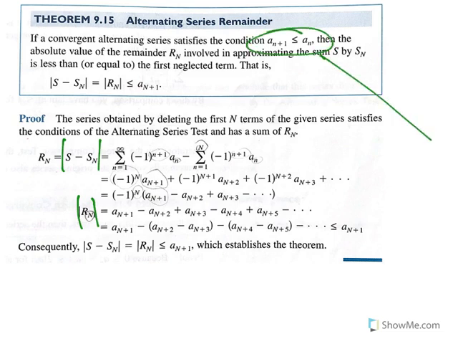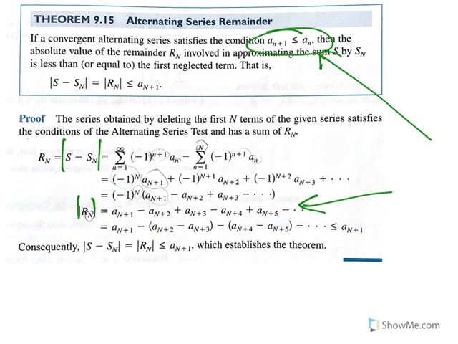And because of this particular condition from the hypothesis, we know that this is going to be a non-negative sum, because a sub n plus 1 is less than or equal to a sub n. So when you are subtracting a sub n plus 2 from a sub n plus 1, this quantity cannot be greater than the first one. So when you subtract, you're not going to get a negative value. It's going to be positive.